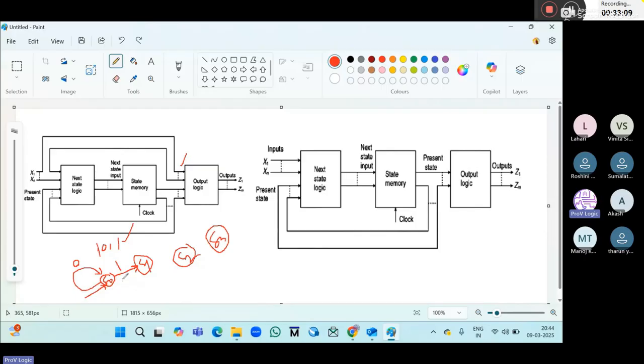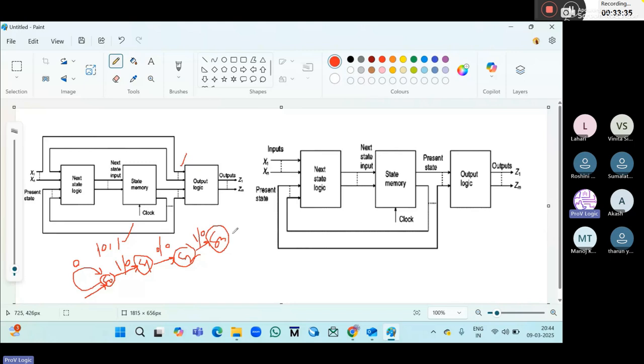For Mealy, we need to mention the output in the transition. And here 0 is transitioning here, and here also it will not detect the output, so 0. And here it is sending 1, here also it will not detect the output, 0. So this is what the Mealy machine is.